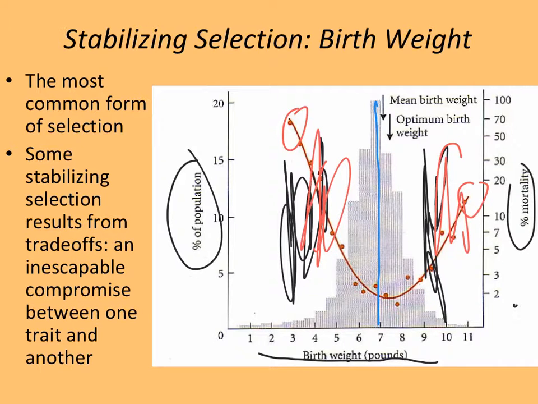Now, what about really large babies? They're doing really well, it would seem, but what's the problem with really large babies? Overweight, okay. But why would that be bad for them? You won't have enough food. Okay, think about a baby that's born at 15 pounds. What's going to happen with a mother?